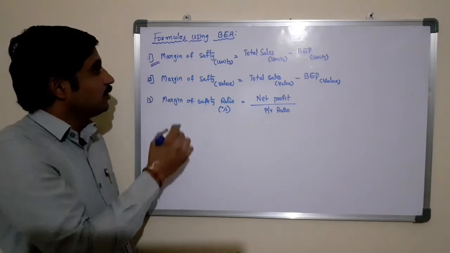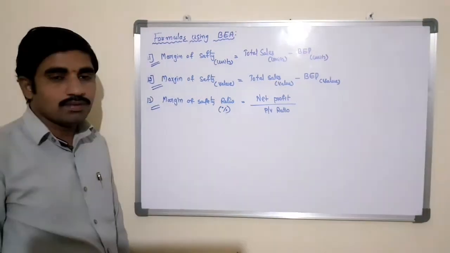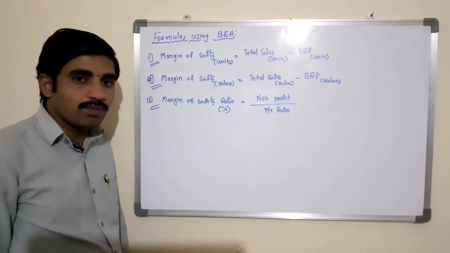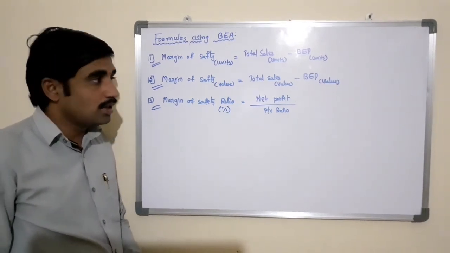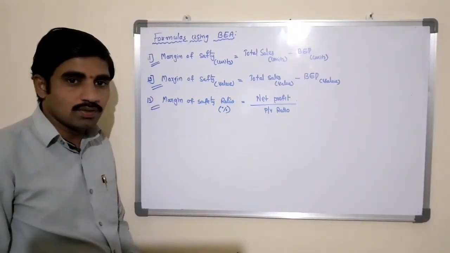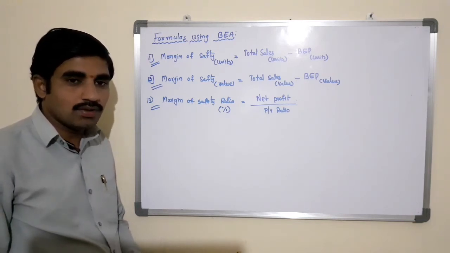So there are different formulas with respect to the margin of safety: margin of safety in units, margin of safety in value, margin of safety in ratio or percentage. Break-even point in units, break-even point in value. Total sales in value, total sales in units. Contribution per unit, contribution margin ratio. Operating profit, fixed cost.